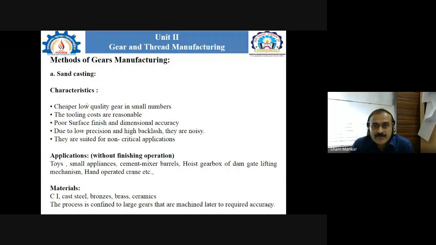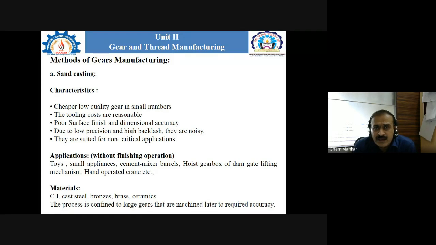When we want a small number of gears, there is absolutely no concern about quality. Suppose we are expecting medium and low quality gears in small numbers, then this is one of the cheaper processes to use to manufacture the gear.